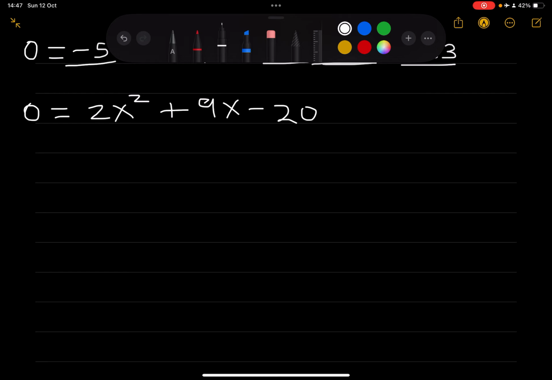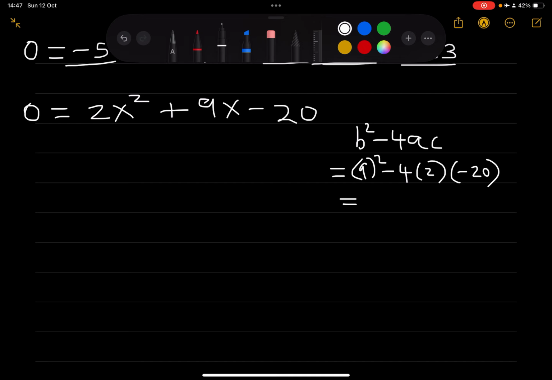No? The b squared minus 4ac must give us a perfect square if it's a trinomial, no? That can be factorized using brackets. So you can see that our b is 9, so 9 squared minus 4, our a is 2, our c is minus 20. Let's punch that into our calculator and see.